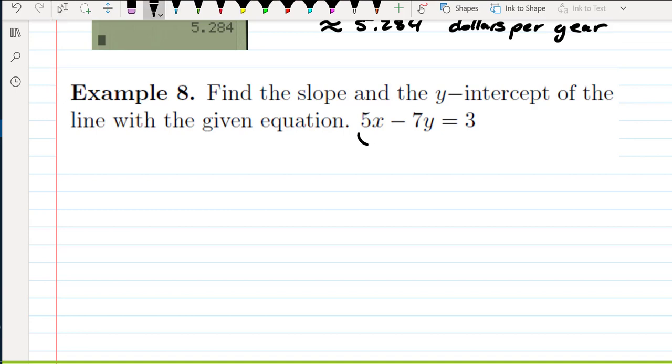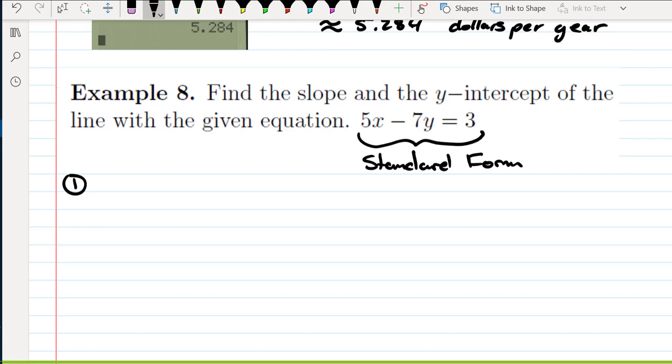So the form of this line is it's said to be in standard form. For graphing, whether we're going to do it by hand or use our graphing calculator, we're always going to want to convert to slope-intercept form.